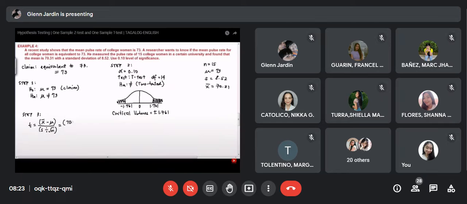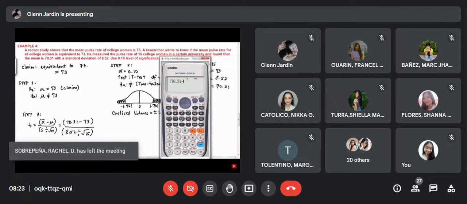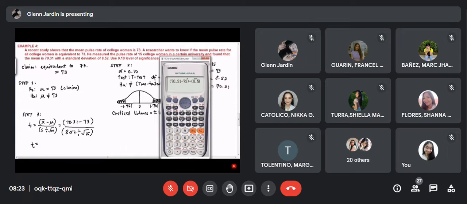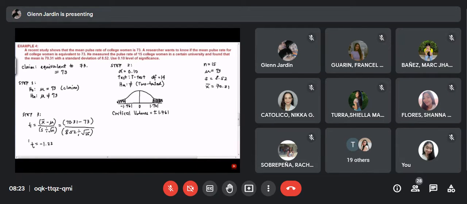So, 70.31 minus mu na 73, over standard dev, 8.52 divided by square root of 15. Yung n ha, hindi yung df. Okay, so ang ating t computed value is parenthesis 70.31 minus 73 divided by 8.52 divided by square root of 15, close parenthesis. So, negative 1.22.